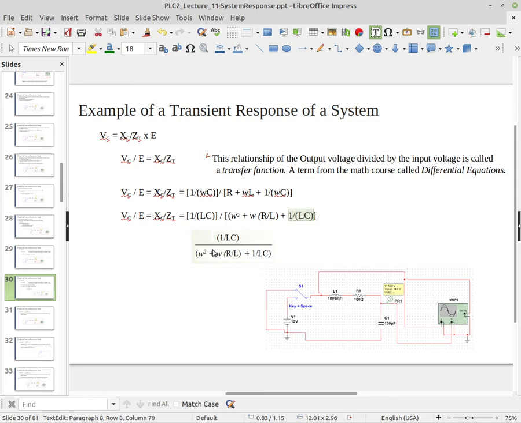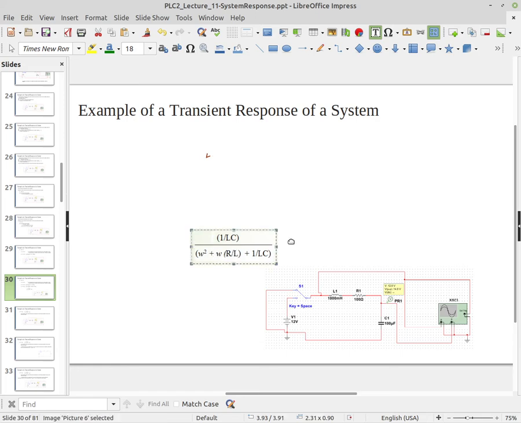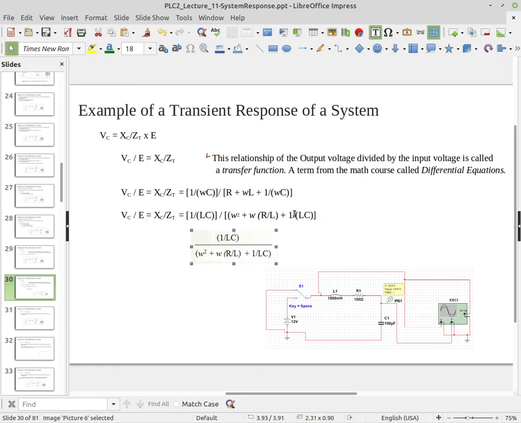You see how this has an omega squared? So actually the natural frequency in radians per second is the square root of 1 over LC. That's the natural frequency of the system. So we can tell effectively what frequency the system is going to oscillate if we don't have any resistance.